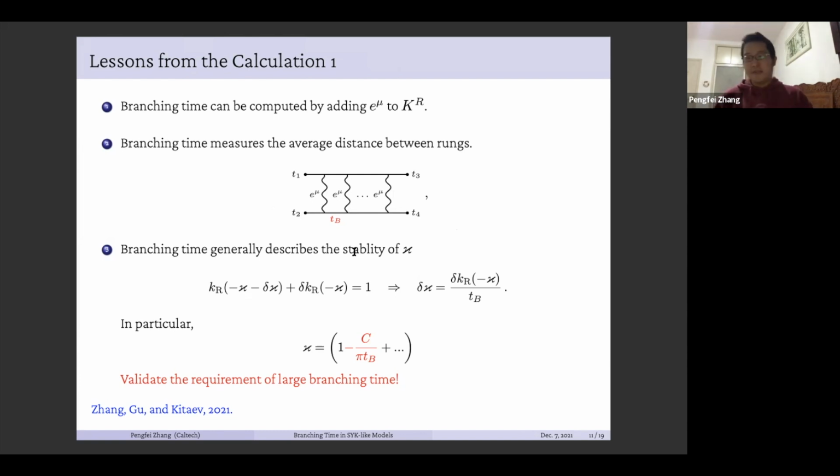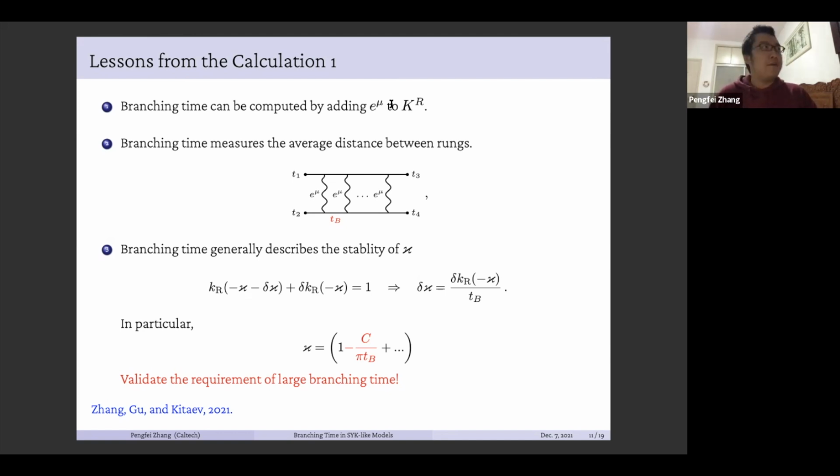Such a calculation also takes the form of a stability analysis. For example, in the original calculation, we added this e to the mu factor to the retarded kernel. However, it can be viewed as some artificial modification of the retarded kernel, and we are asking whether the Lyapunov exponent is sensitive to this new factor. More generally, we can imagine some more realistic modification of the system.